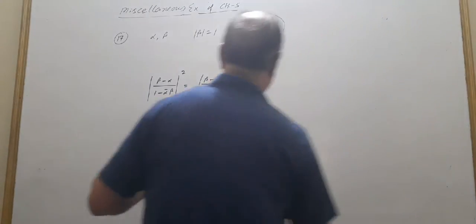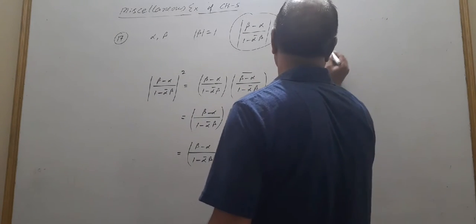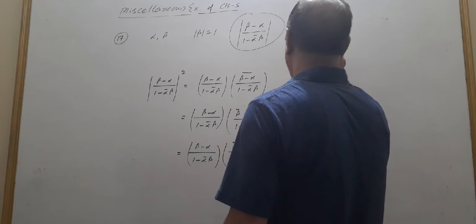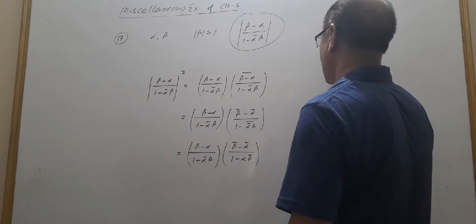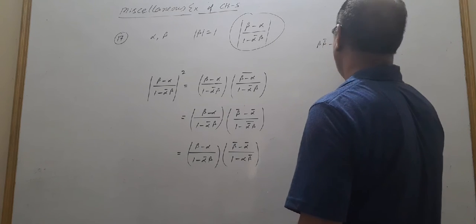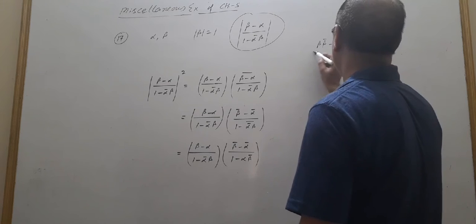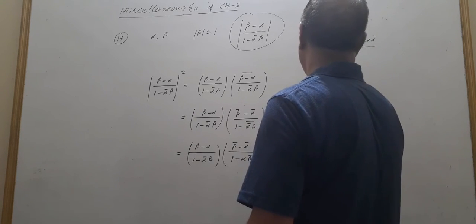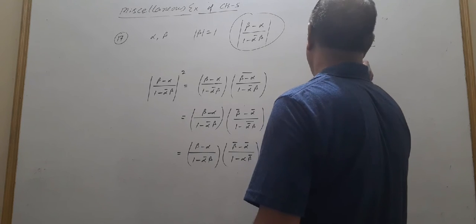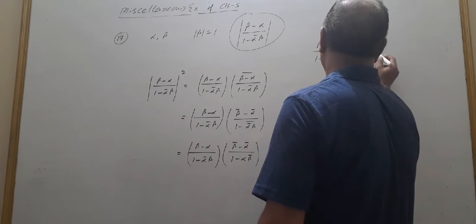Now just multiplying this in the numerator. On multiplication in the numerator, this becomes beta beta bar minus beta alpha bar minus alpha beta bar plus alpha alpha bar, and in the denominator, that is 1 minus alpha beta bar minus alpha bar beta plus alpha bar alpha beta bar beta.